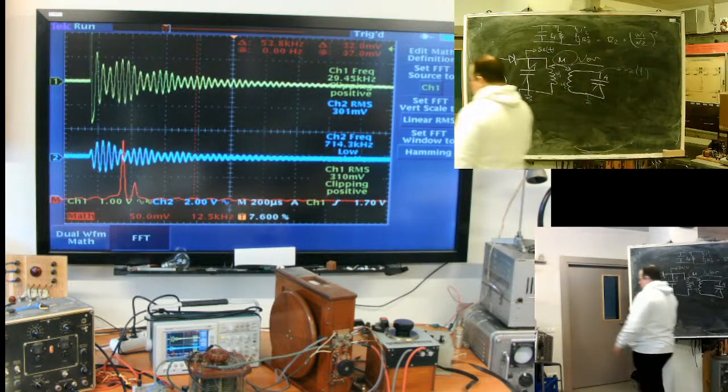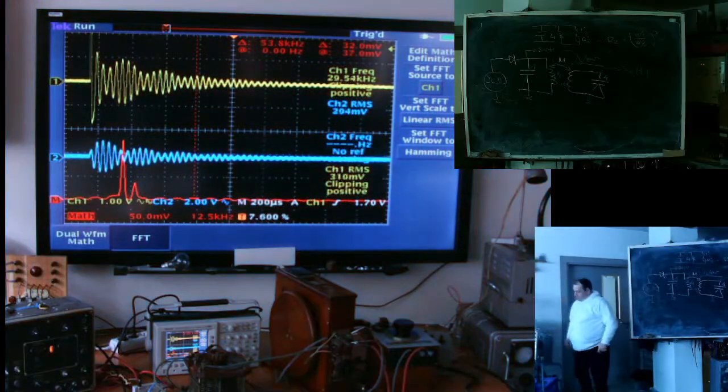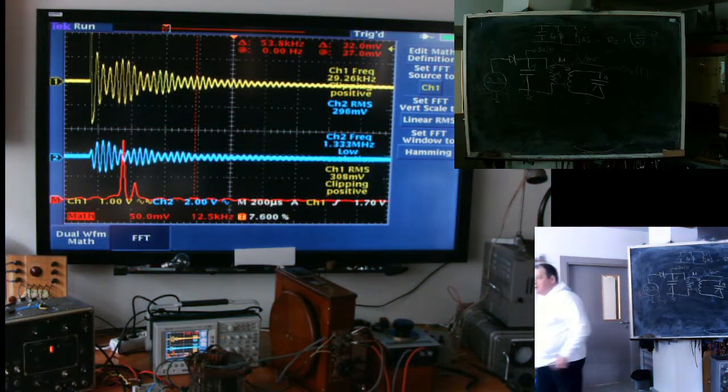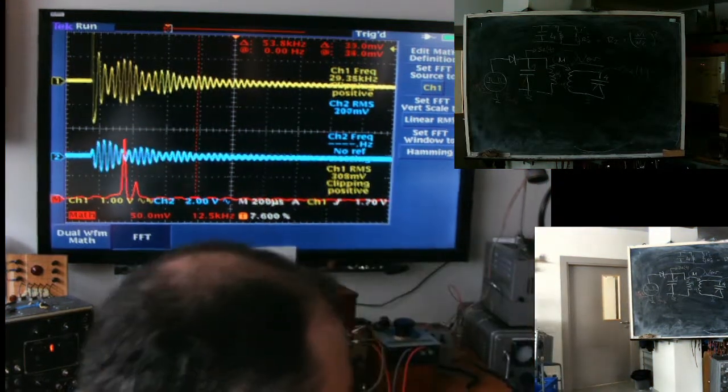I hope this will work. Can you see the characteristic?